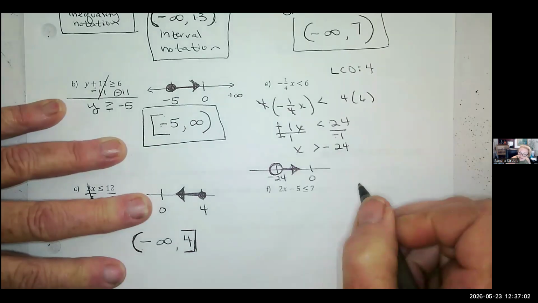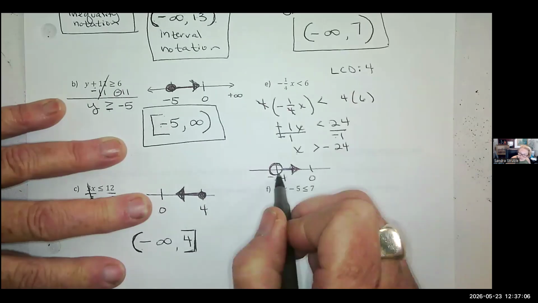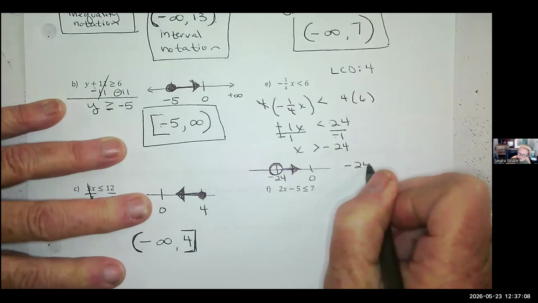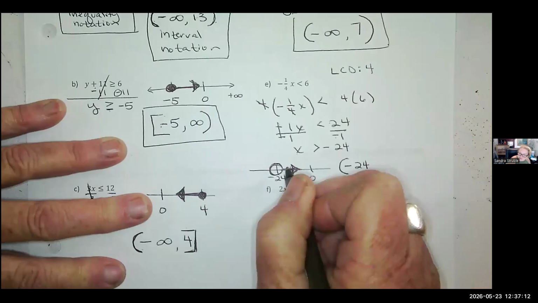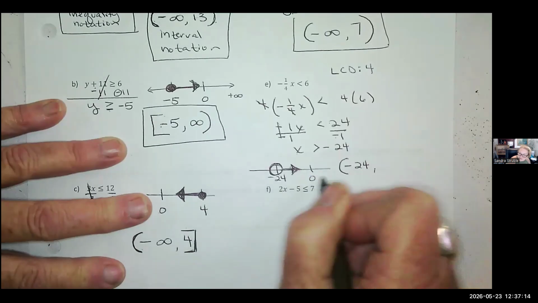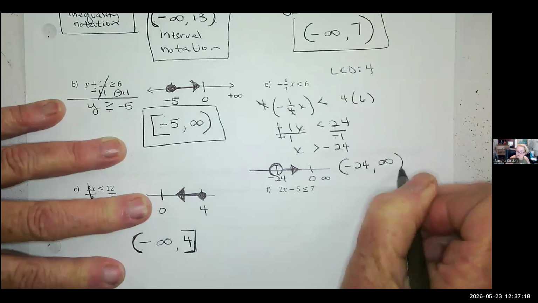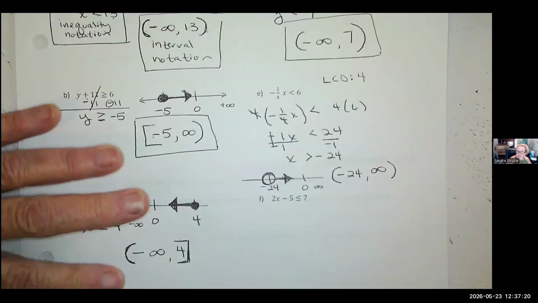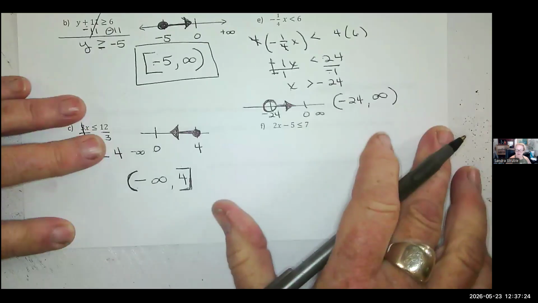Starting from left to right, -24 is our furthest number to the left. It is not included. It's got a circle. And then it is heading towards positive infinity. Again, infinities are never included. They're always parentheses.